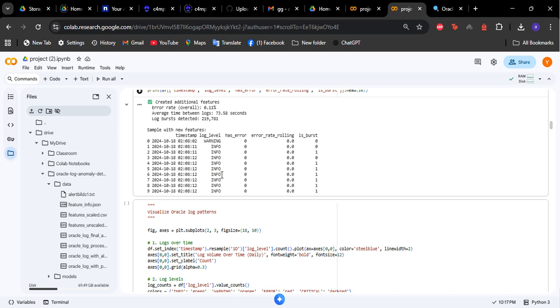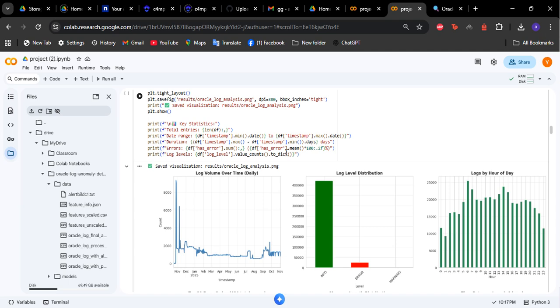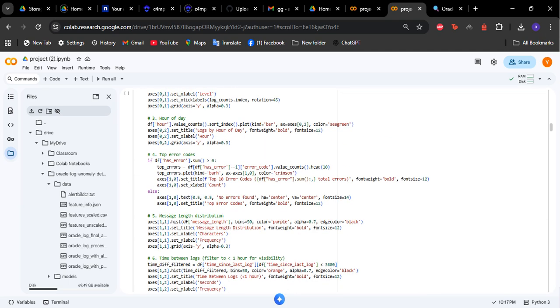As you can see here, there is my log label, and you can see whether it has an error or not, and the error rate rolling. This prepares the data so that it can be used for automated analysis instead of manual log reading.